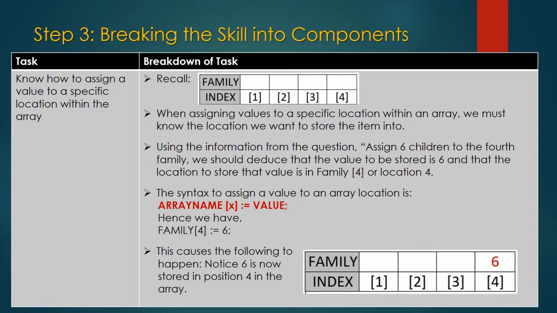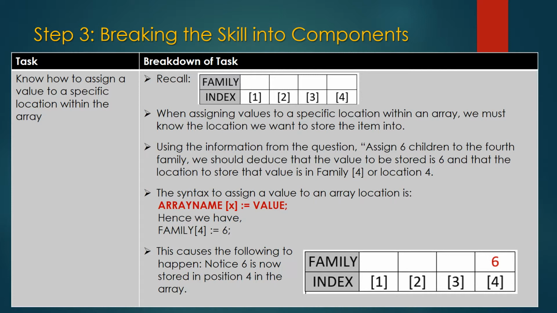Know how to assign a value to a specific location within the array. So breaking down the task, recall that this is the structure of the array here as seen in the diagram. When assigning values to a specific location within an array, we must know the location we want to store the item into.